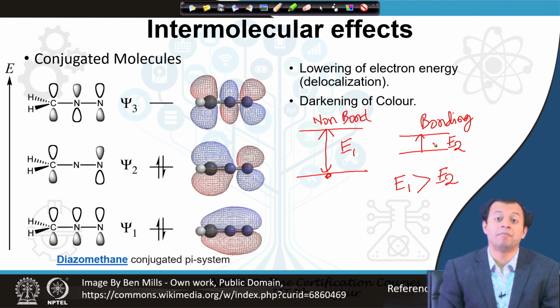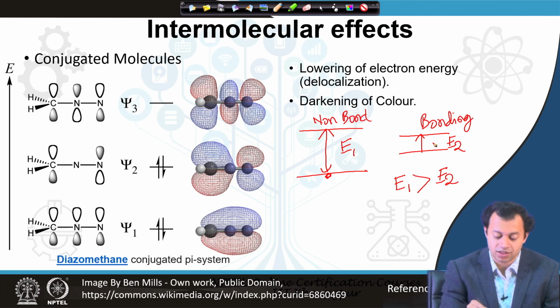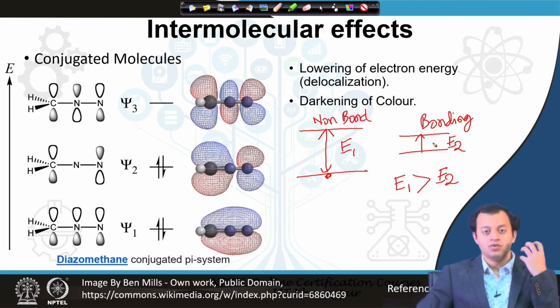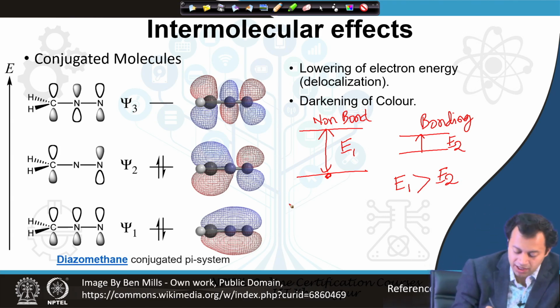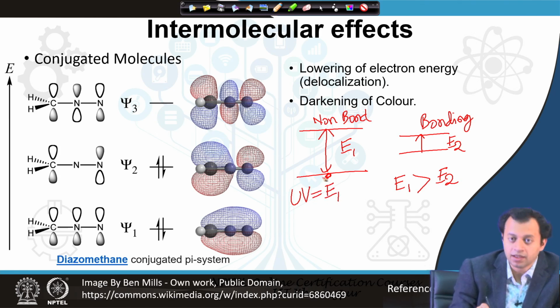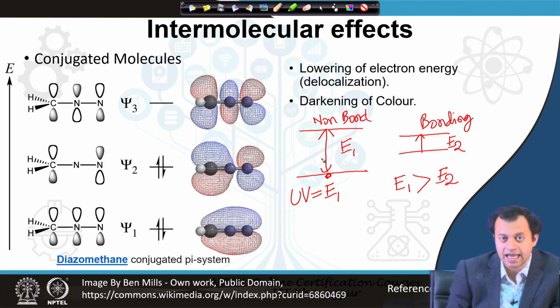What are the applications or what are the manifestations of it? Previously, it was very colorful. These kinds of structures were very colorful. You send visible light, the visible light gets reflected or transmitted, usually reflected, and only when you are sending high energy ultraviolet light, the electron will move from lower level to higher level.